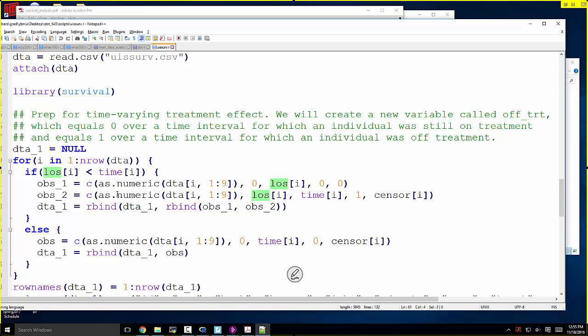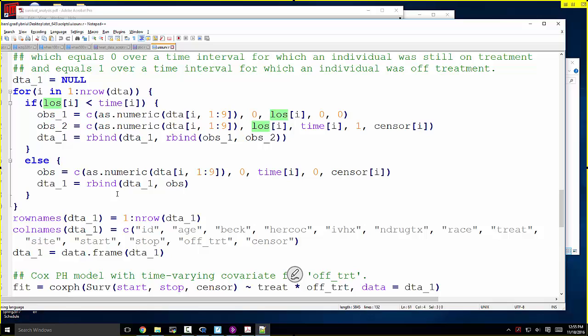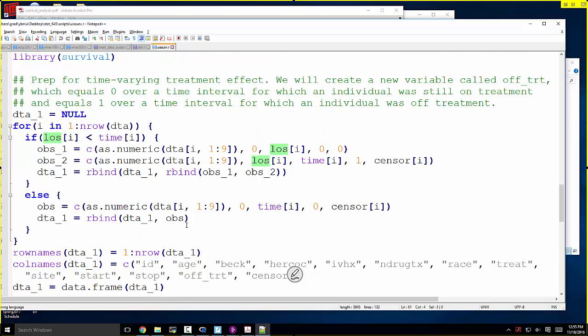And so what we're going to do is create a new covariate called OffTreat. We're going to create a new covariate called OffTreat that will be 0 if you're complying with the treatment routine, and 1 if you are not.